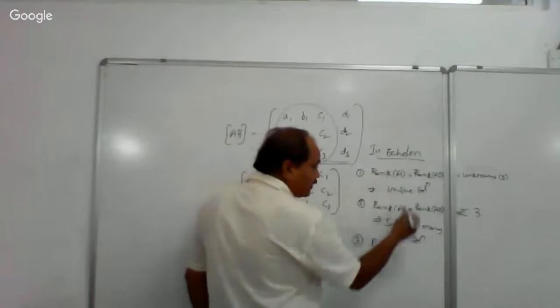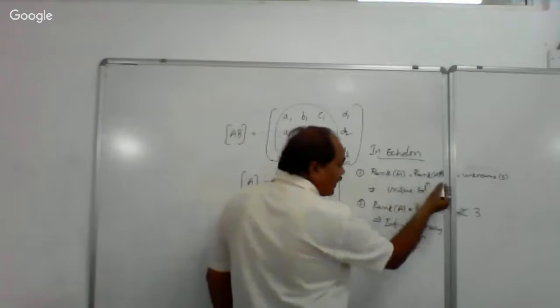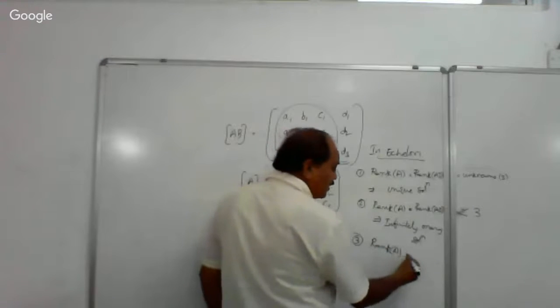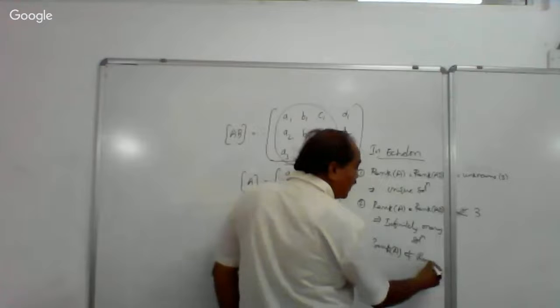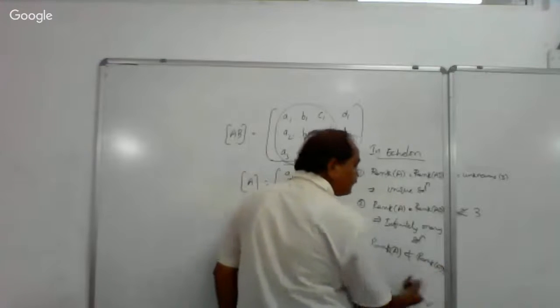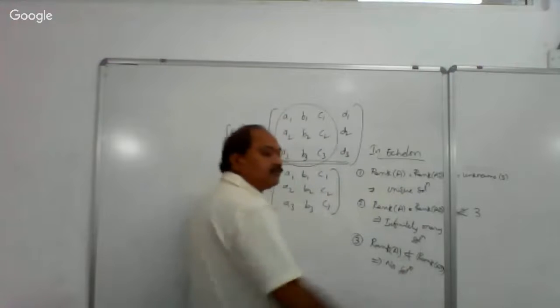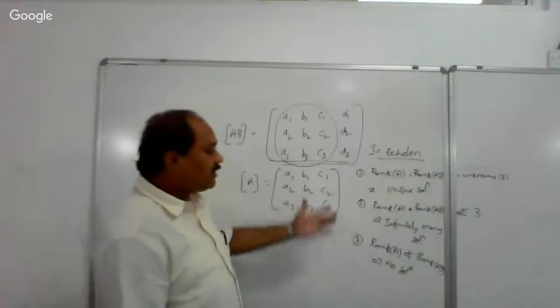Suppose rank of A is not equal to rank of AD, then there is no solution, by the rank method.